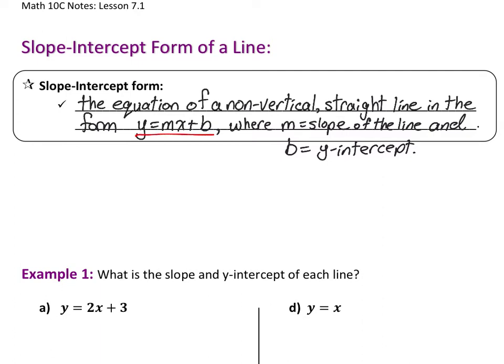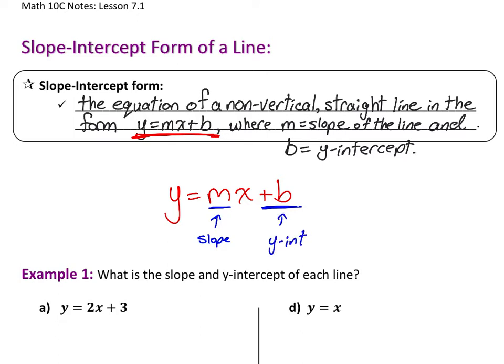So there it is, y equals mx plus b is the equation in slope-intercept form. The m value is multiplied by the x, that's your slope, and the b value is being added to that m times x, and that is your y-intercept.